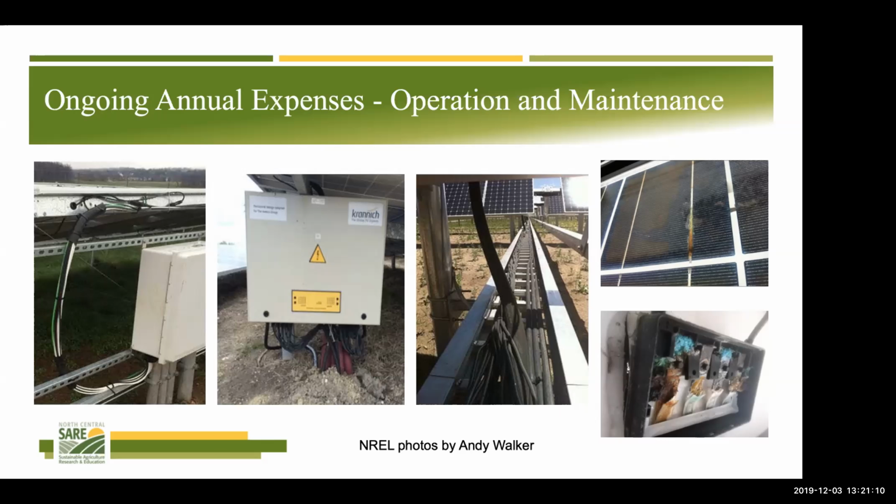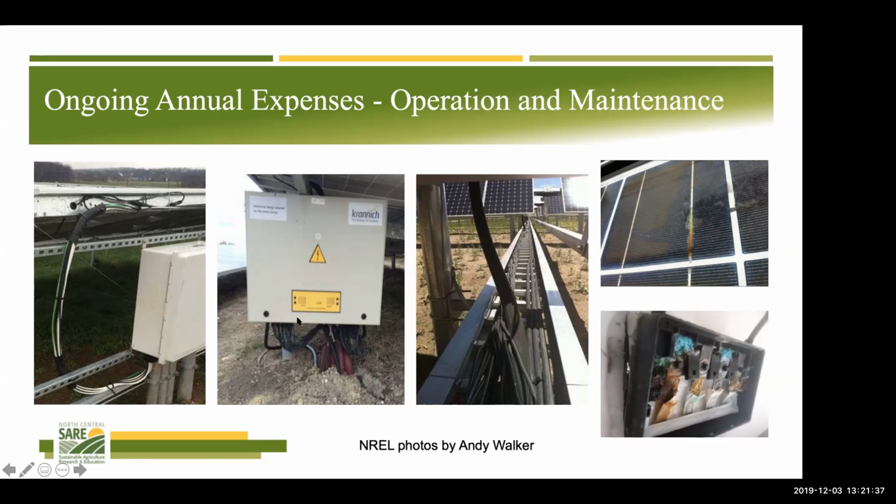So other ongoing annual expenses that you'll want to account for somehow is operations and maintenance. And this is just a picture showing that, while there's minimal moving parts and O&M coverage on solar is traditionally pretty low, there are things that happen, and there will be investments that need to be made over time. Here you can see we've had some wires that were rubbing on the racking and needed addressed.